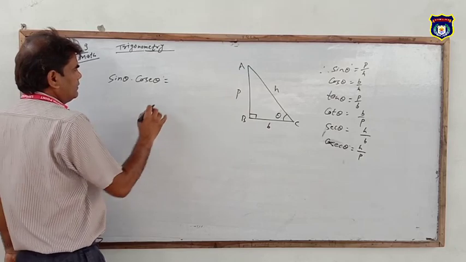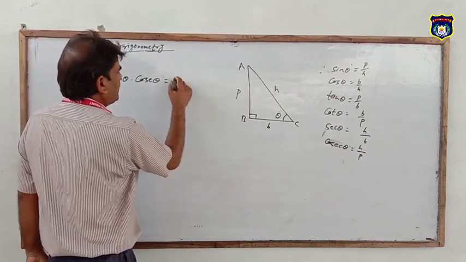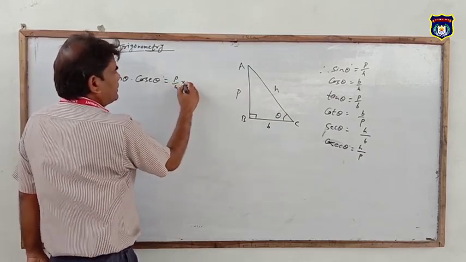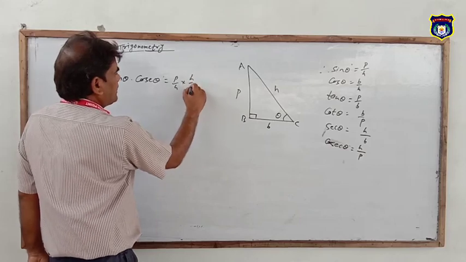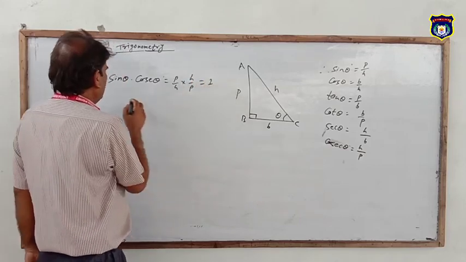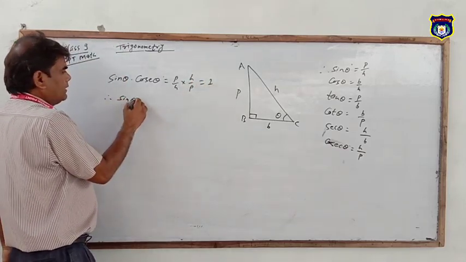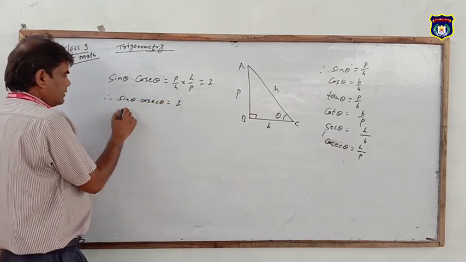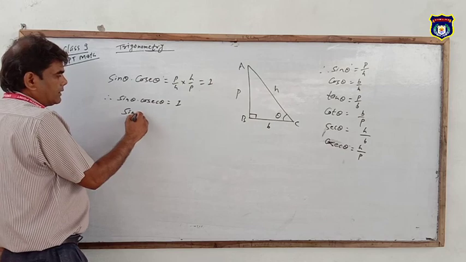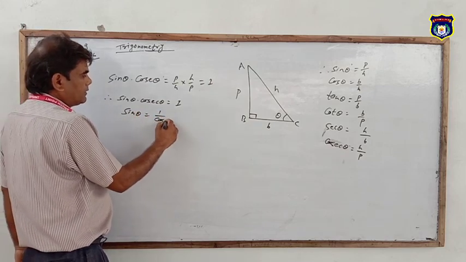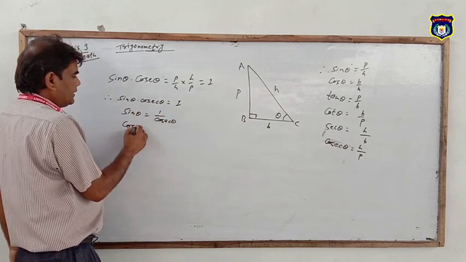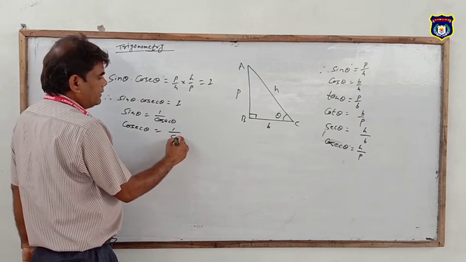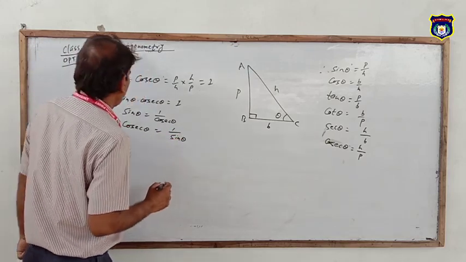Sin theta is P by H and cosec theta is H by P, so the product is equal to 1. Therefore sin theta into cosec theta is equal to 1. So sin theta is equal to 1 by cosec theta, and cosec theta is equal to 1 by sin theta.